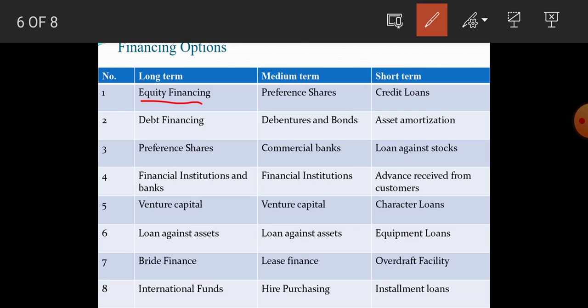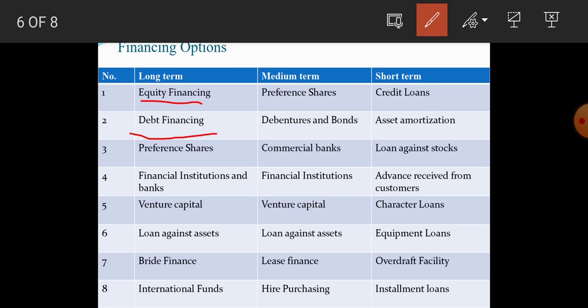Then the next source is debt financing. Debt financing is also a major source of finance for a new project. In debt finance, debentures are issued in different denominations at different interest rates.